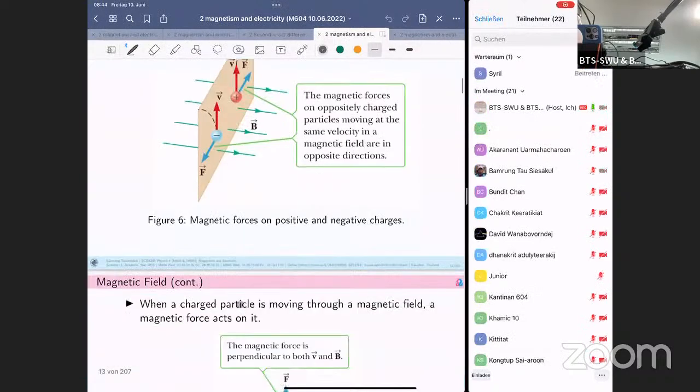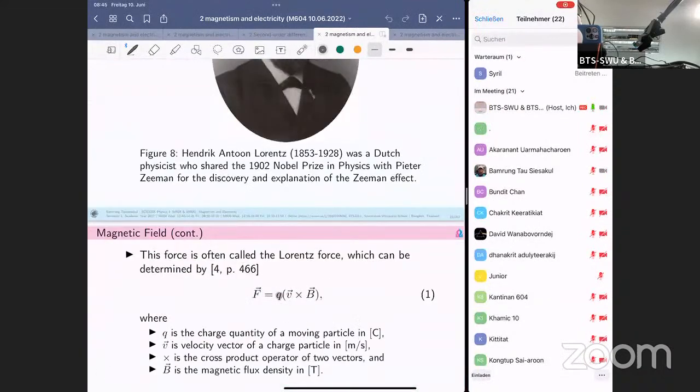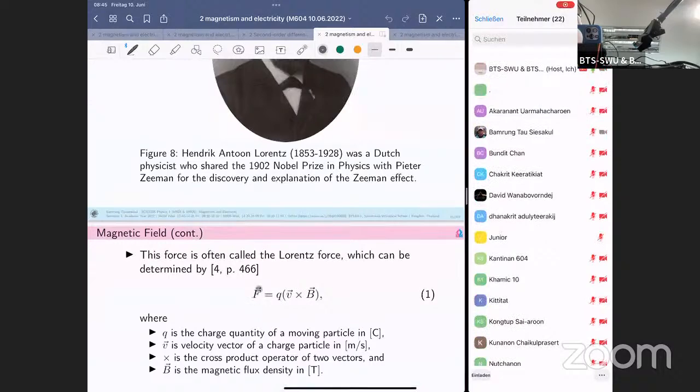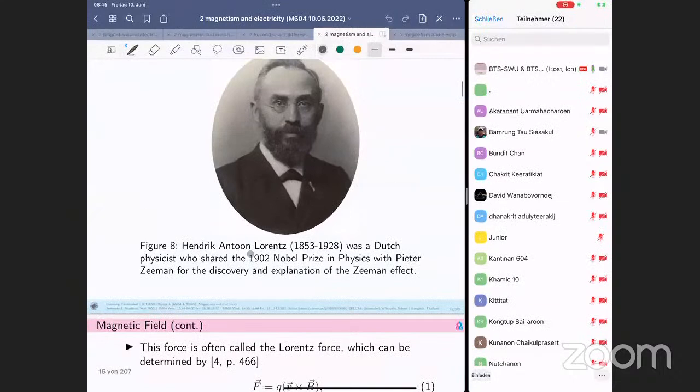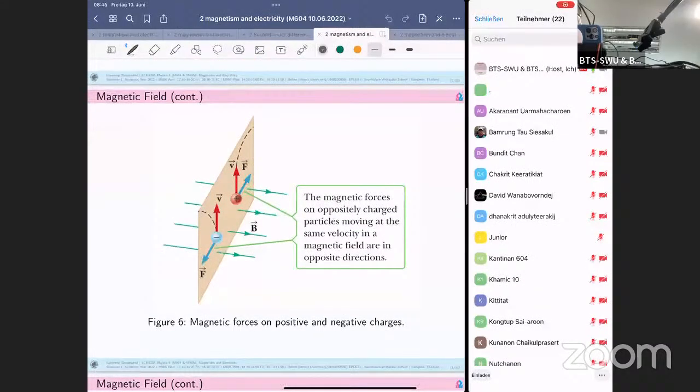But if your charge q is negative, it means that your force F here will point in the opposite direction to the former one, the positive one. Instead of pointing in this way, the force will go the opposite way. That's the force due to the negative charge.